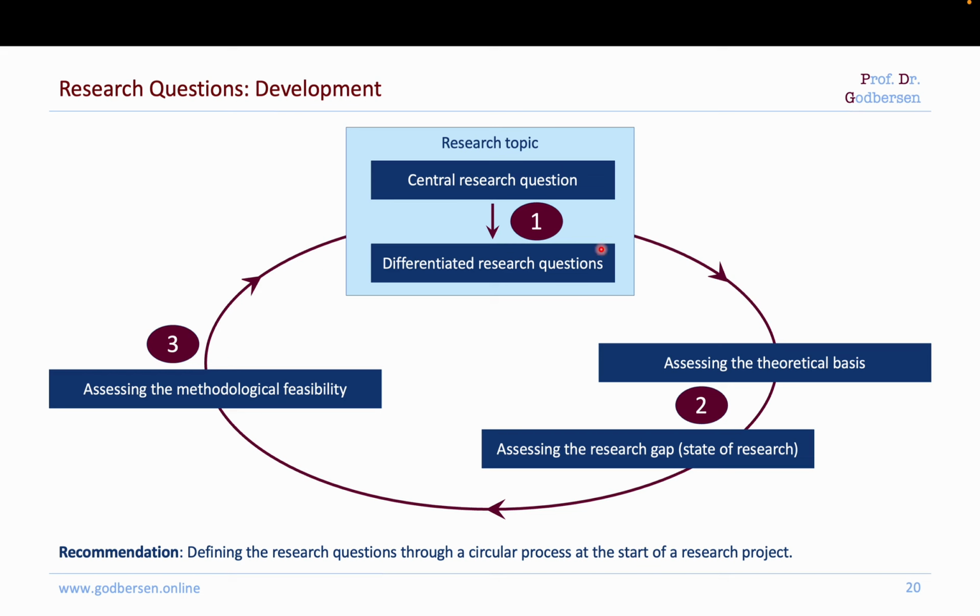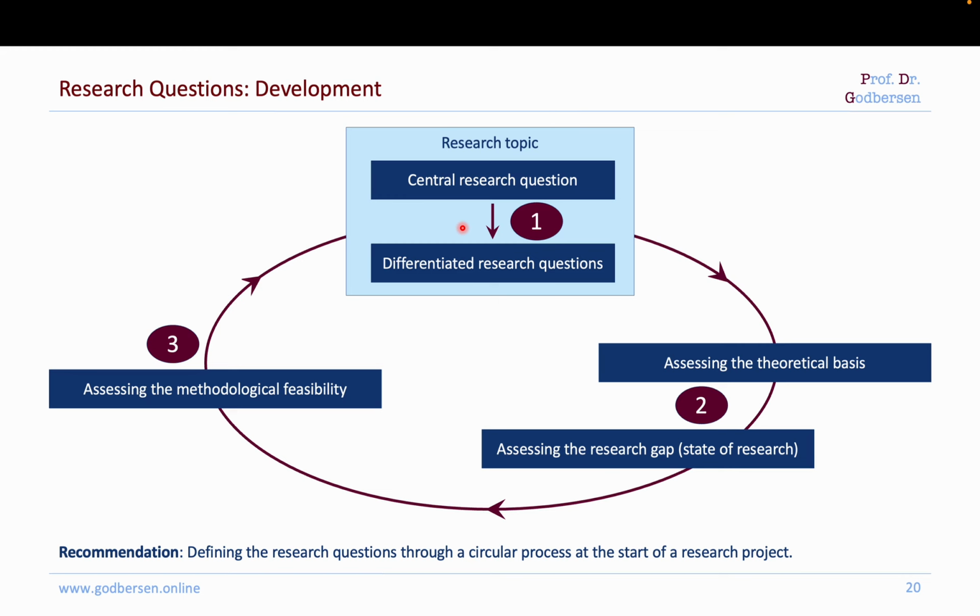And this circle, you go through over and over again. You come with your research questions, you look in the literature, you check, can I do this on a methodology side? Then you can differentiate your research questions.